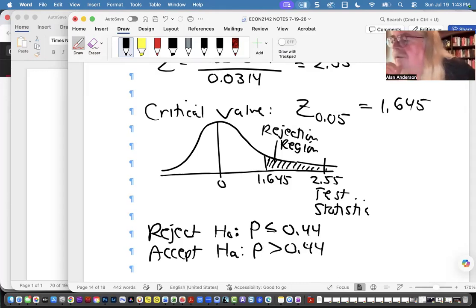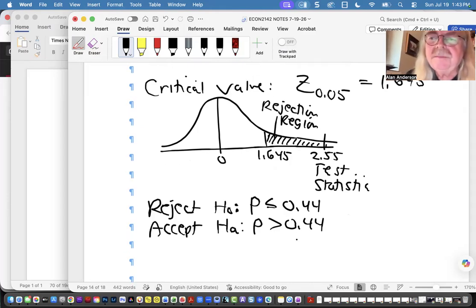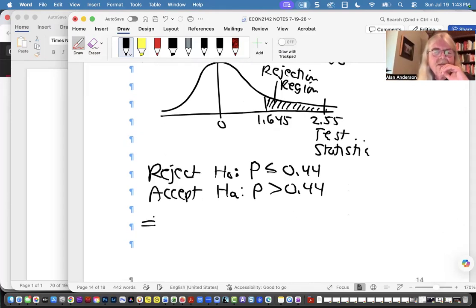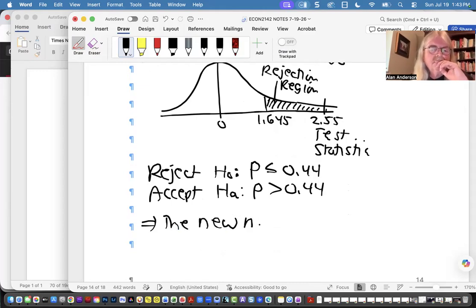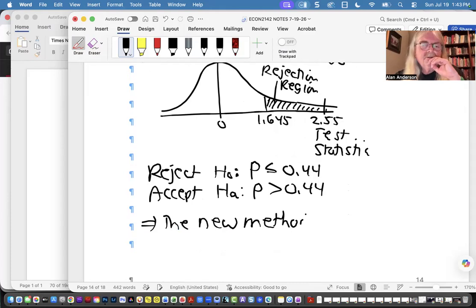Accept the alternative that it is greater than 0.44. And that's excellent news because it means the new method is better than the old method.